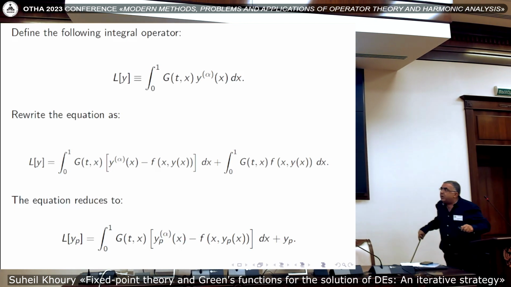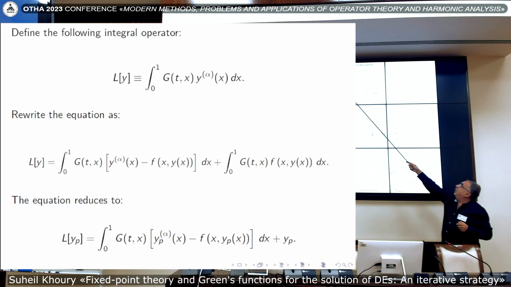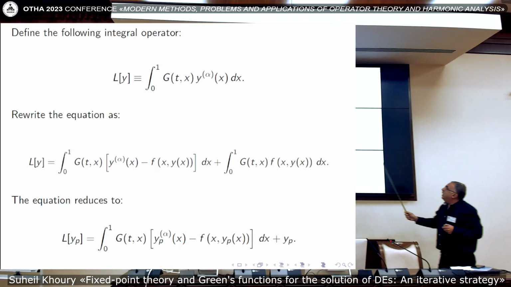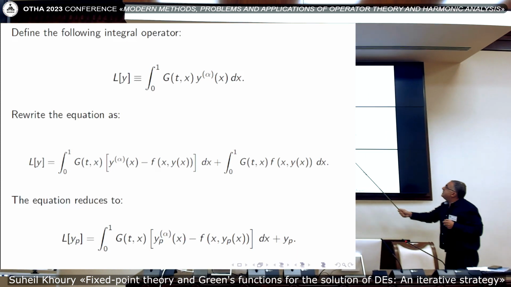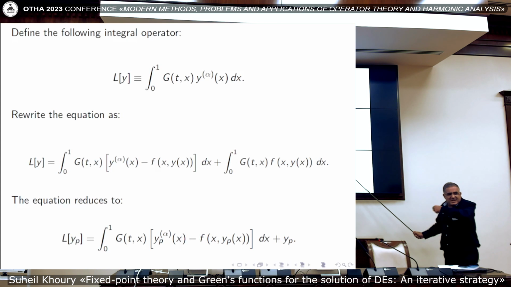Okay, so here is the method. Define this integral operator, y alpha here. Subtract f, add f in a way. Notice that if y is replaced by yp, then this term will be the particular solution. Okay, but I erased these terms outside.